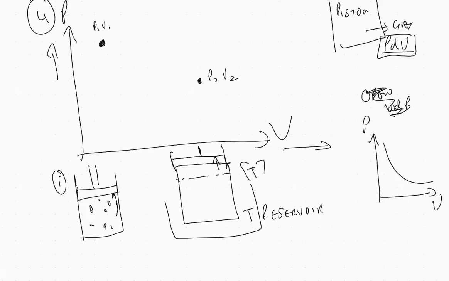So this situation happens isothermal. So this is 1 to 2. Now from here we move it. Get like this.